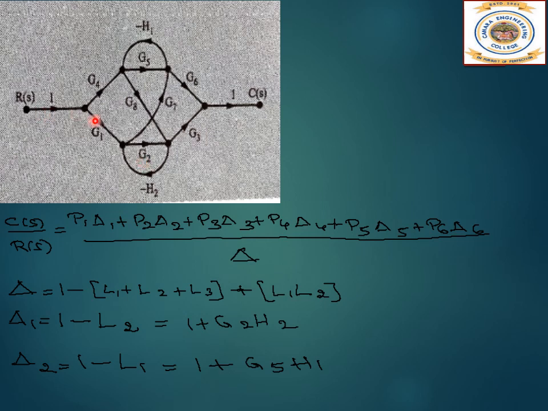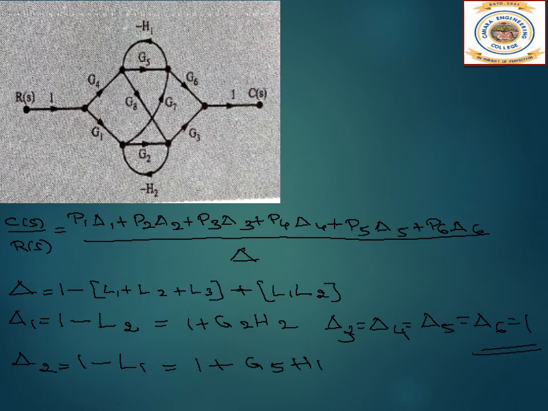P5 is again G1, then we go to this G7, then H1, then come over at G3. All these are touching, even same for P6. So all the loops are touching there. So all the loops will become 0. So I can simply write over here delta 3 equal to delta 4 equal to delta 5 equal to delta 6, all are 1.